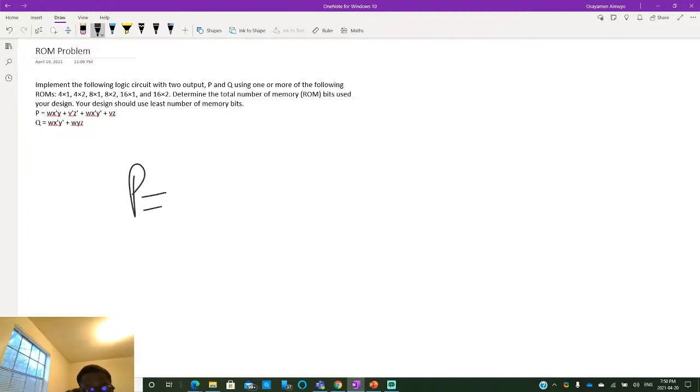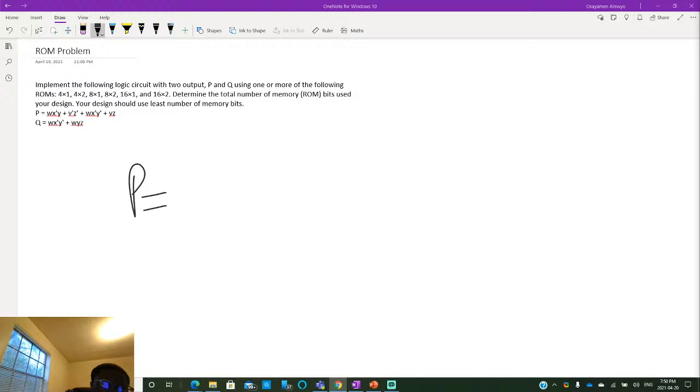Normally, one would be inclined to try simplifying the functions, but for design problems that have certain constraints, simplification is usually not the way to go. Like in our case, we're constrained to use specific types of ROMs.